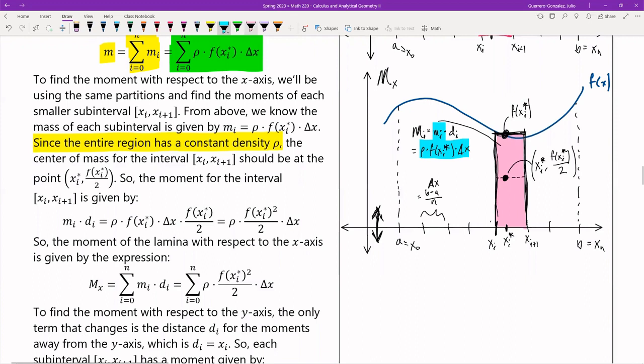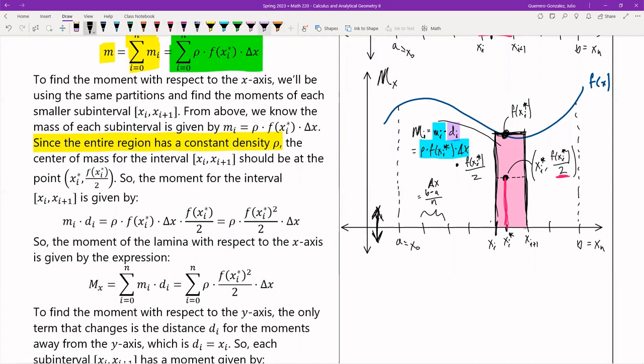Now we need to find our di, and that is going to be whatever this distance is right here. This distance up to the halfway, which is what we found to be f of xi star divided by 2. So it's going to be times f of xi star divided by 2.